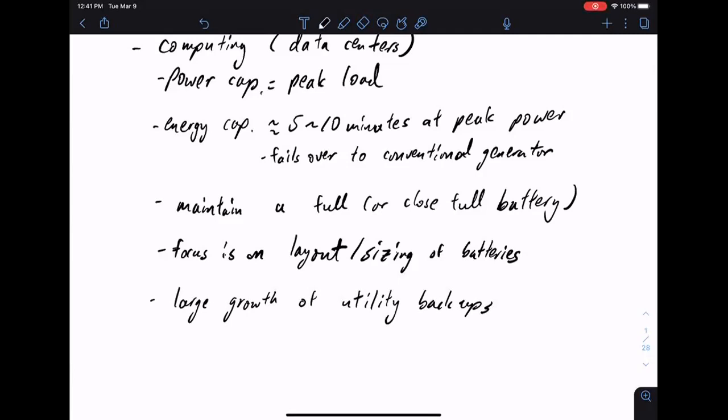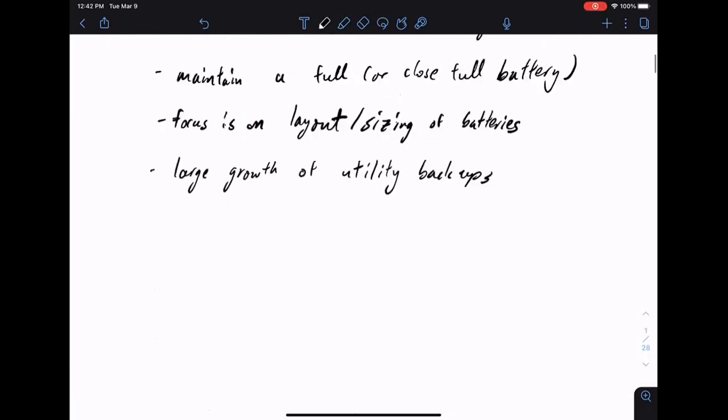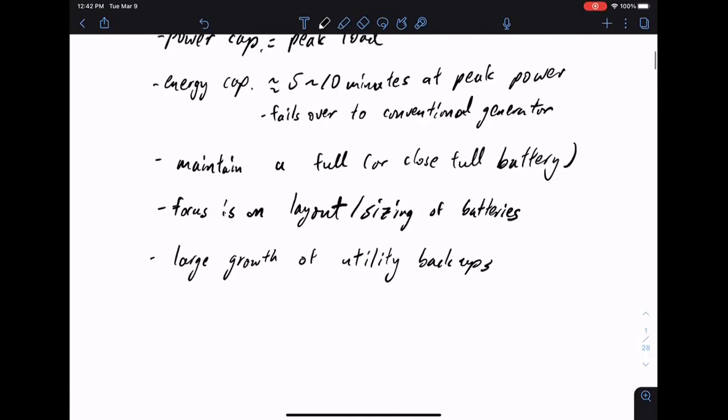For obvious reasons, you don't want to lose power. If you lose power and have a battery backup, that gives you some margin for operations. The operation here is not terribly hard. Once the power is off, the battery knows what to do. So it's more of a planning problem than an operation problem.